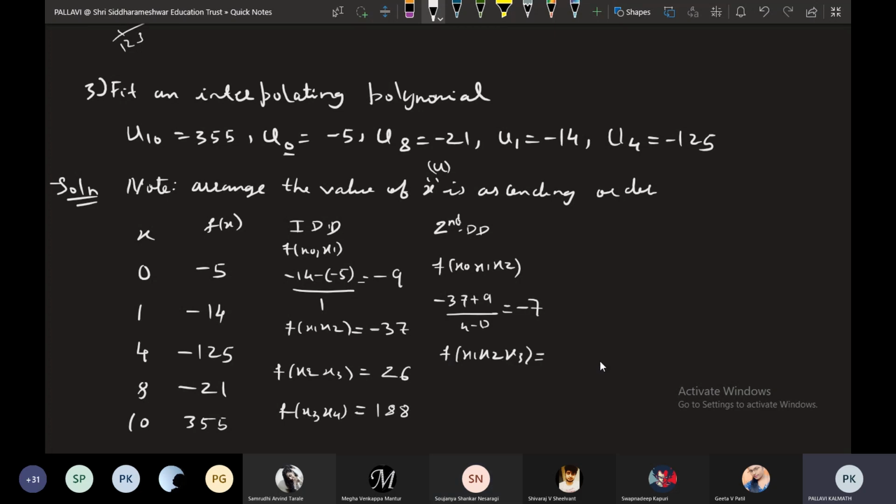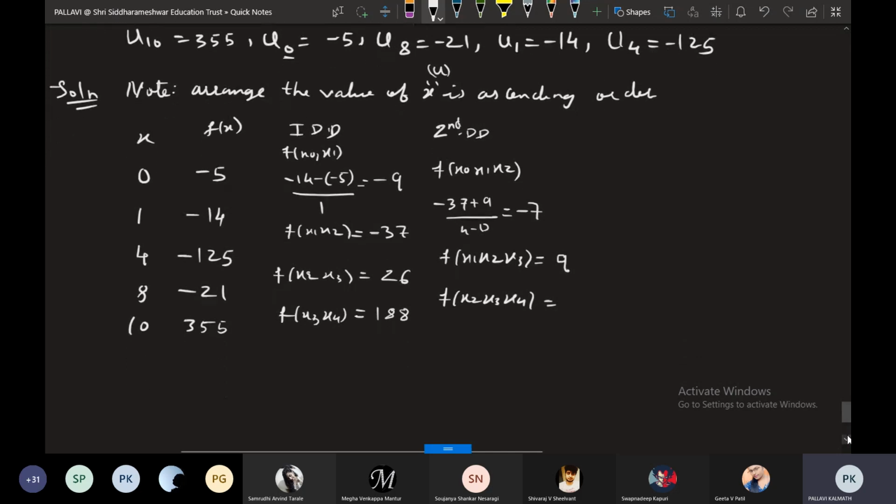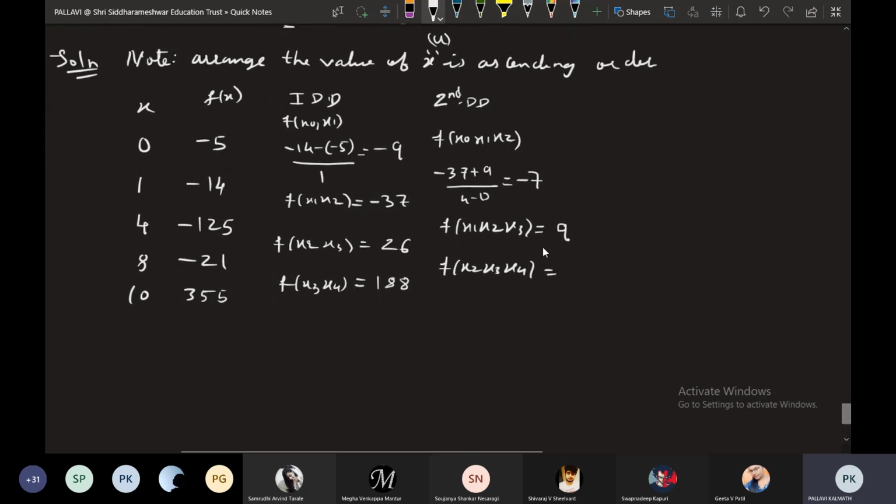Who will tell this value? 9. Okay. Then x2, x3, x4. Who will tell this value? How have you calculated? 188 minus 26 divided by x4 minus x2, 10 minus 4, which is equal to 27.